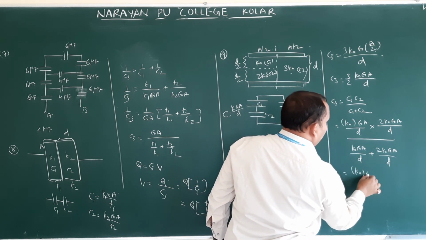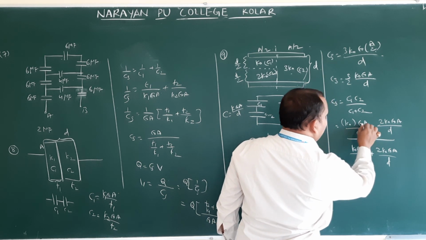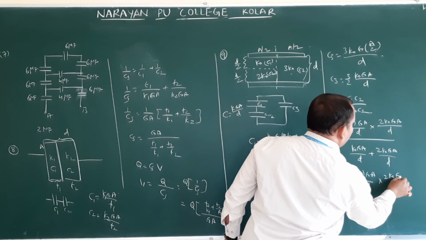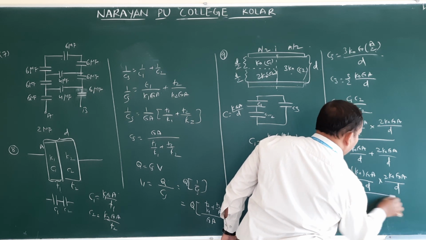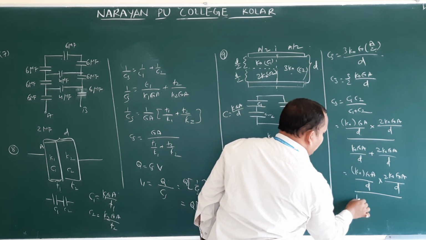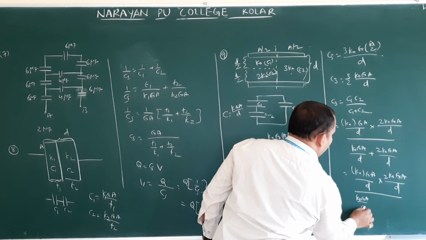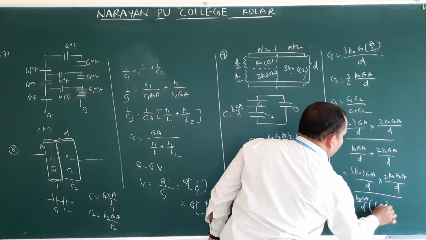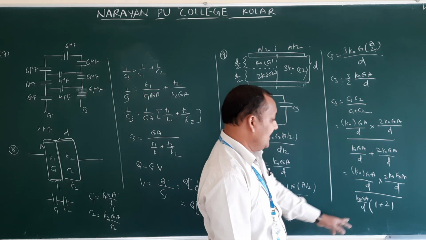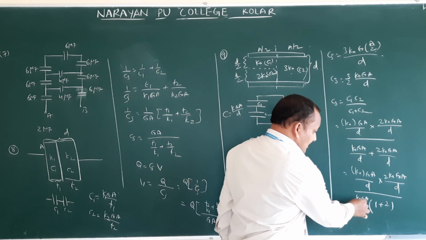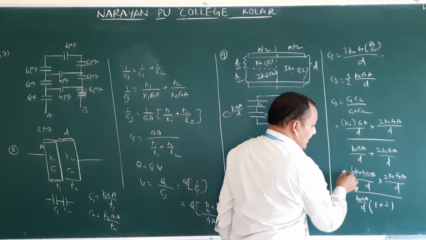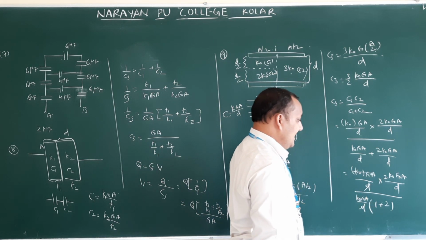So K0 epsilon naught A by D into 2K0 epsilon naught A, divided by what is common? K0 epsilon naught A by D is common. So 1 plus 2, you will be getting 3. K0 epsilon naught A by D will be cancelled.